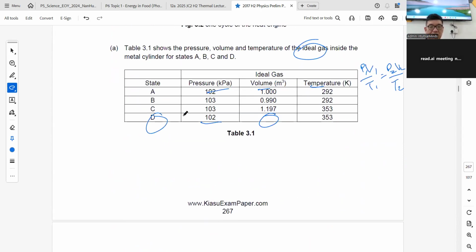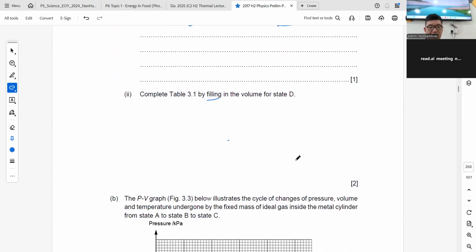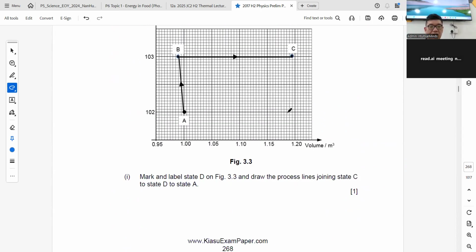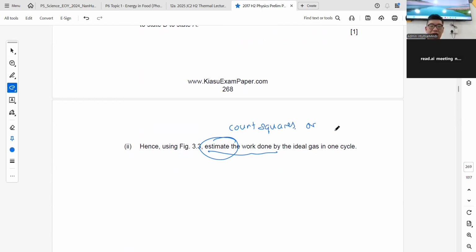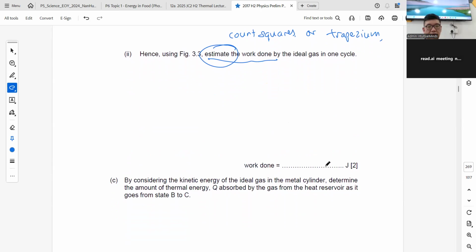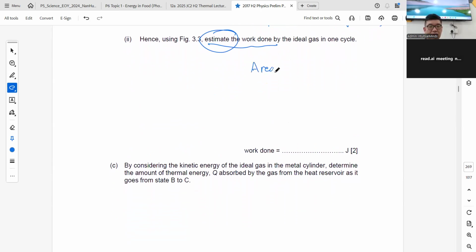So how to get D out? P and V. So find your marking, your P and V. Estimate the work done. Now you see estimate, maybe you need to count squares or trapezium. Work done is always area under graph.